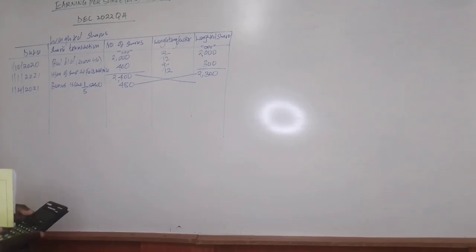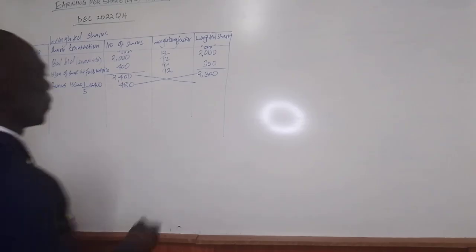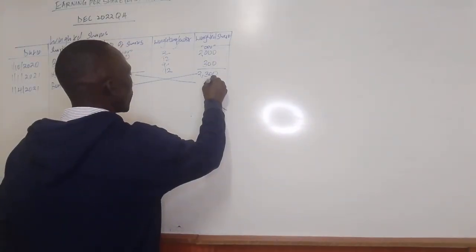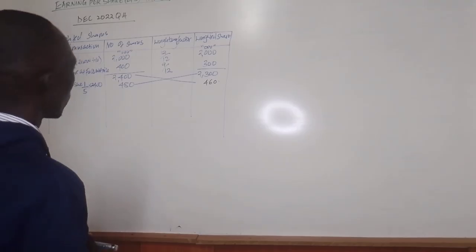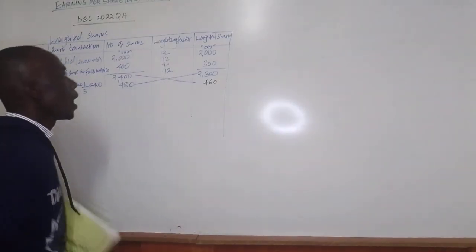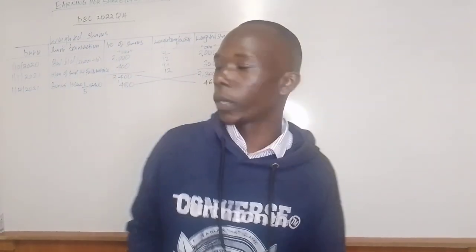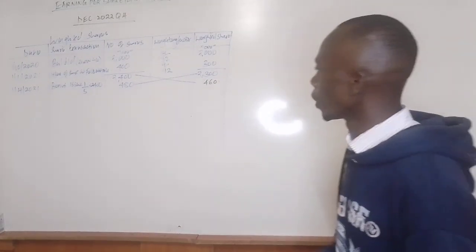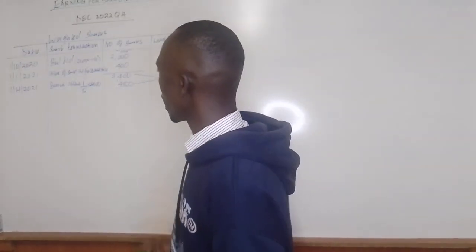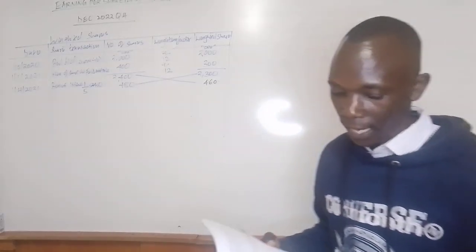Then you divide by what? You divide by 2,400. So you will get 460. So the bonus issue are never weighted. Don't come here and give us the period. That will be a wrong computation. You just equate in that case.